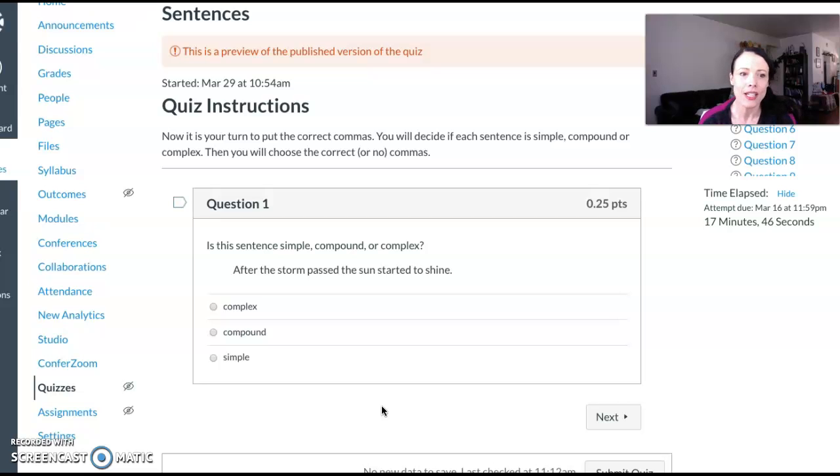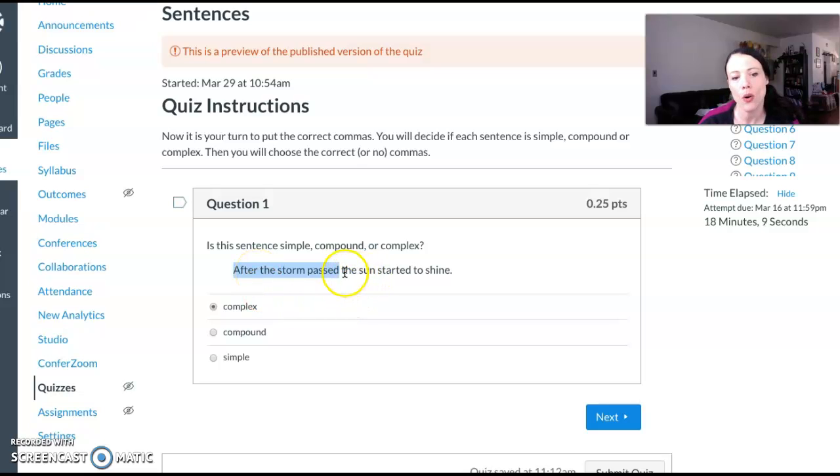Okay. Question 1 said, simple, compound, or complex? What do you think? The answer is complex because we have, after the storm passed, subject, verb, storm passed. It starts with a subordinating conjunction, after.